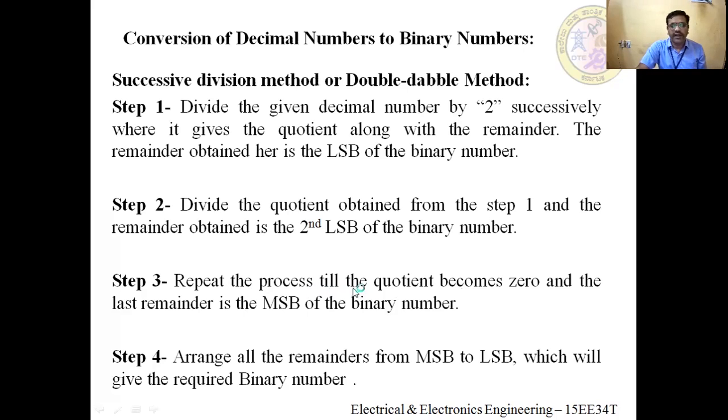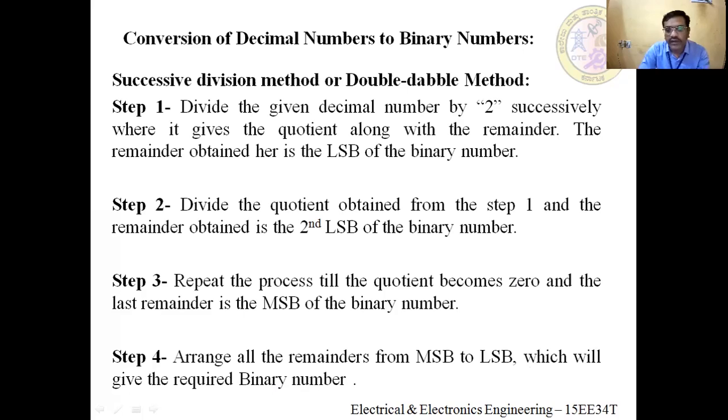Repeat the process till the quotient becomes 0 and the last remainder is the MSB of the binary number. So this is a very important point. The last remainder will be the most significant bit of the binary number. So next is, arrange all the remainders from MSB to LSB, which will give the required binary number.